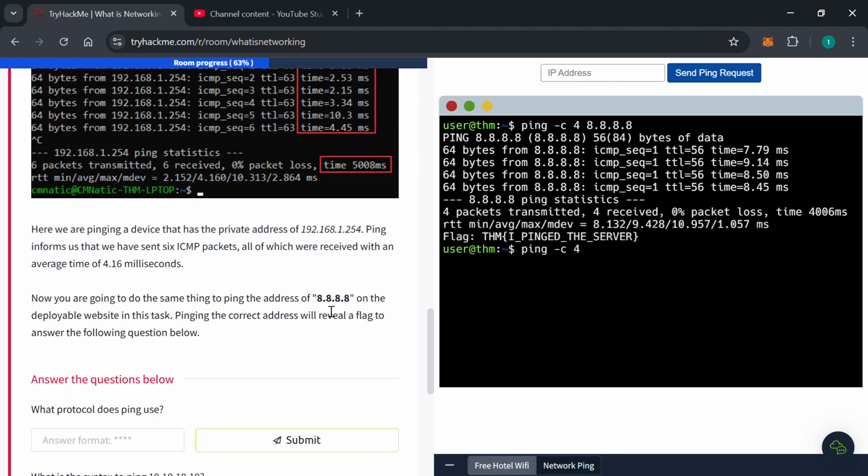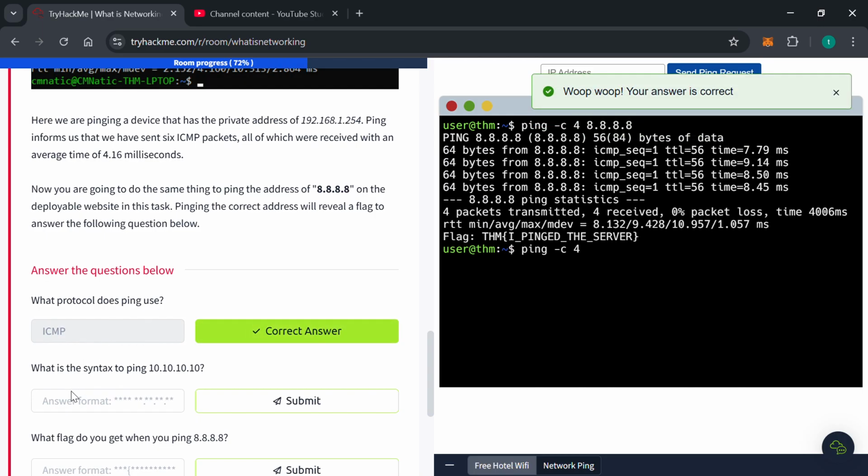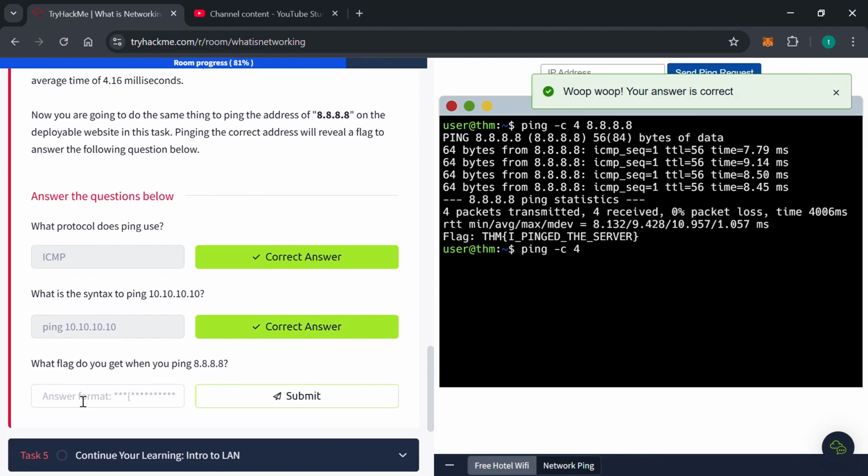Pinging the correct address will reveal a flag to answer the following questions. What protocol does ping use? ICMP. What is the syntax to ping? Here we're going to type ping. What flag do you get when you ping 8.8.8.8?